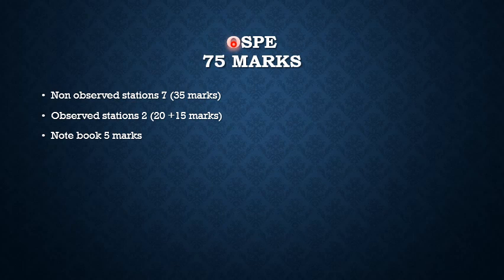Now OSPE consists of 75 marks. You are going to have non-observed stations, 7 in number, and each station has 5 marks. The other is the observed stations, where one station consists of 20 marks and the other 15 marks.